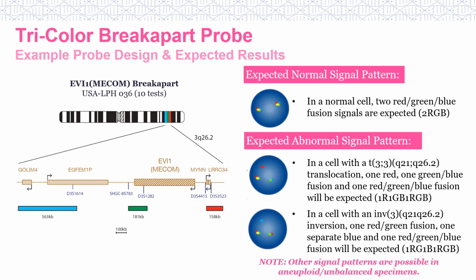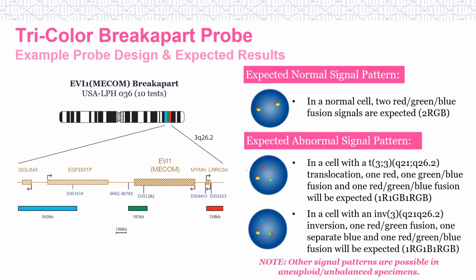This chromomap shows OGT's CytoCell FDA-cleared EVI1, also known as MECOM break-apart probe kit, consisting of a 158 kilobase probe, labelled in Texas red, telomeric to the D3S4415 marker, and including the LRRC34 gene, a 181 kilobase FITC green probe covering the centromeric portion MECOM gene, and beyond marker D3S1282, and a blue probe that covers a 563 kilobase region centromeric to the MECOM gene, including the D3S1614 marker.